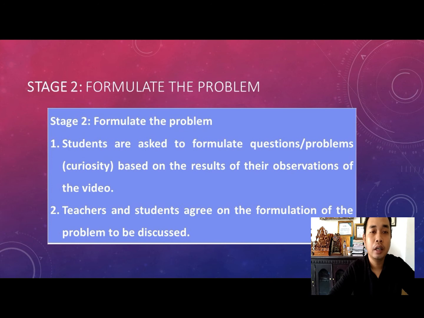And then the other groups need to respond to the questions from the other groups by using their preliminary knowledge. After the question and answer session finishes, the teacher and the students together form the formulation of the problem that should be discussed.